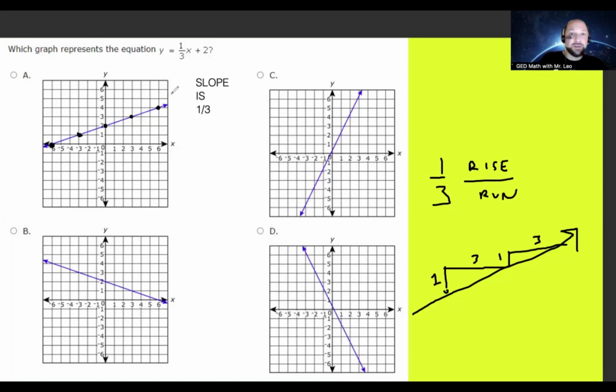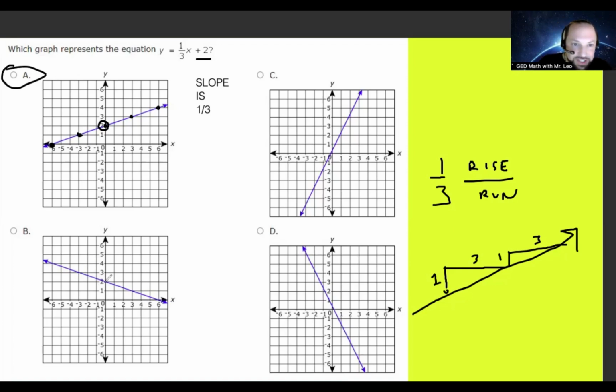Slope is 1/3. Beautiful. You'll notice also this +2 refers to the fact that it crosses the y-axis, the y-intercept, at 2. This is the graph. That's it right there. While we're here, let's write some equations for the others. Come down for B. The answer is A. Come down for B. Let's write the equation.